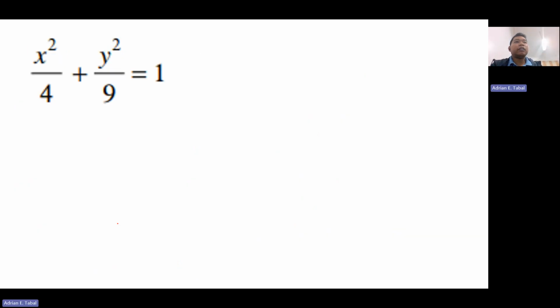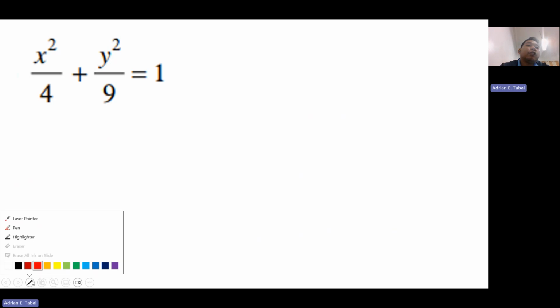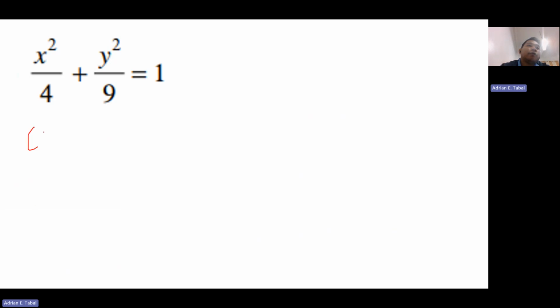The next one is we are going to graph x squared over 4 plus y squared over 9 equals 1. Okay, so the center of the graph is 0, 0.